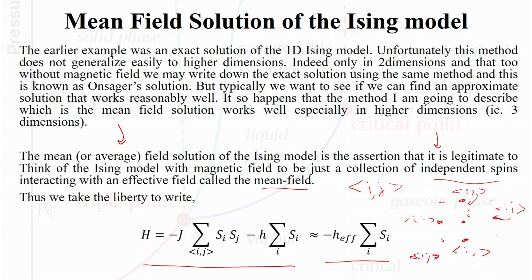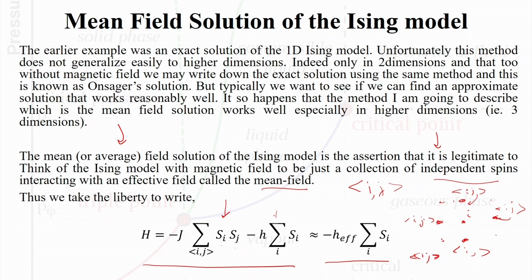So all these are valid j's. If you fix i, you're supposed to sum over the nearest neighbors of i, and then you go to the next i and do the same thing, and so on and so forth.